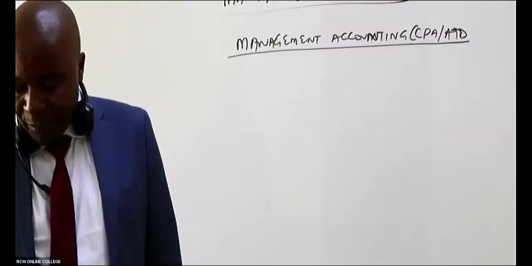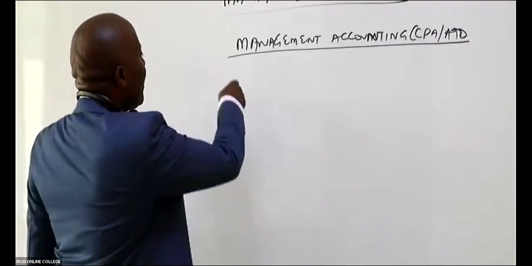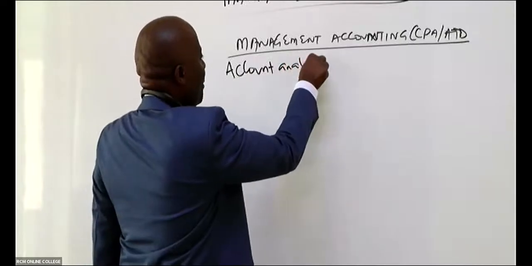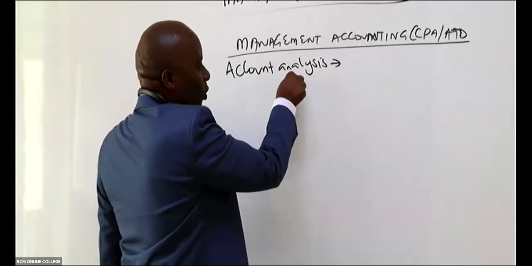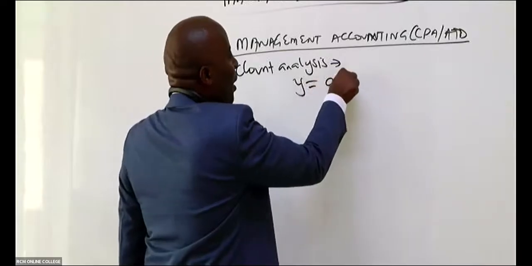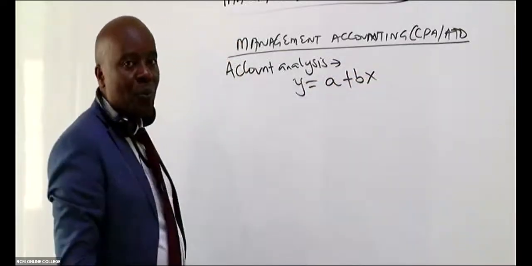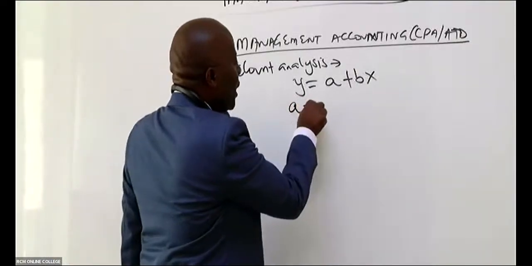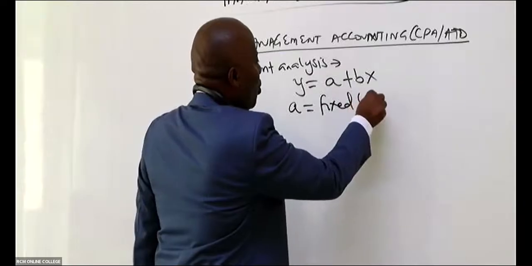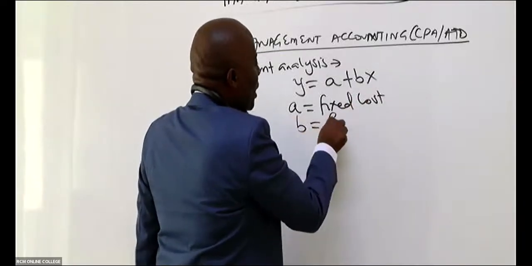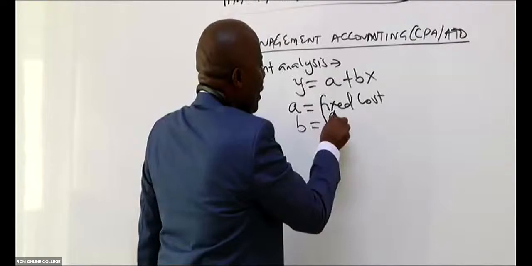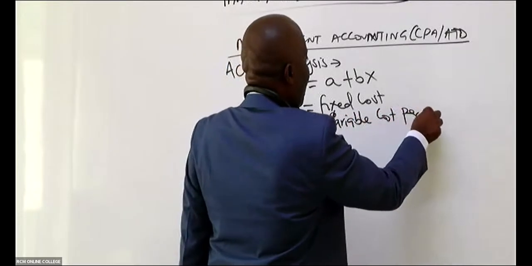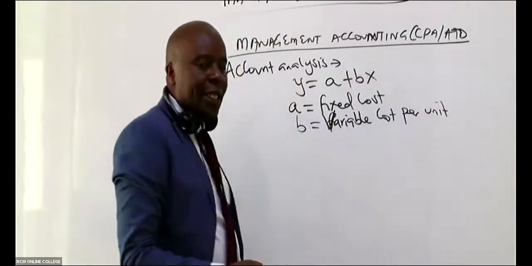Now, ladies and gentlemen, remember that the account analysis method, just like the high-low method, is used to develop equations of this form, where A stands for fixed costs and B stands for variable cost per unit.